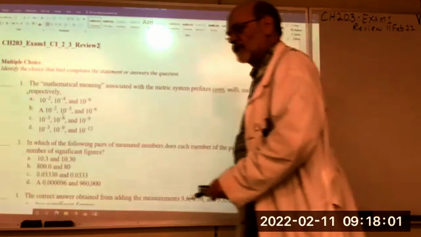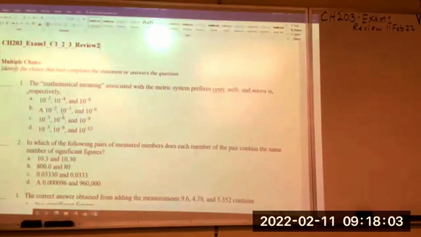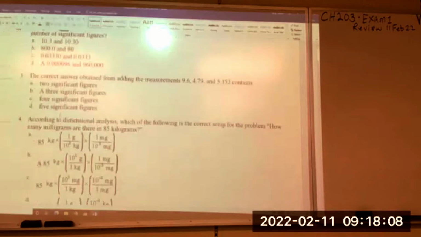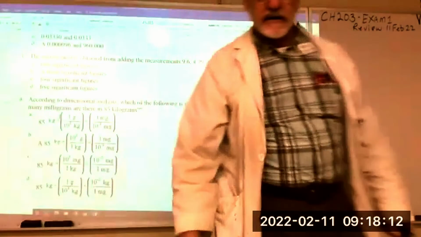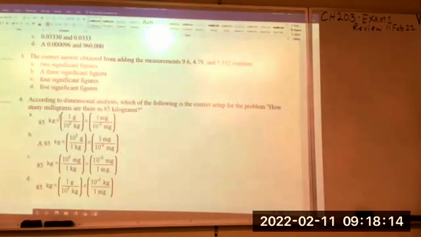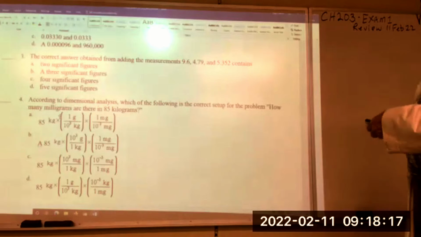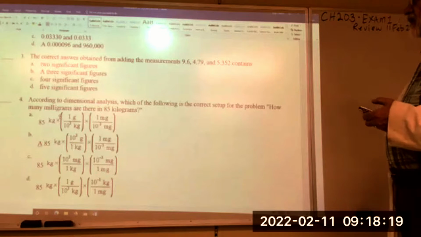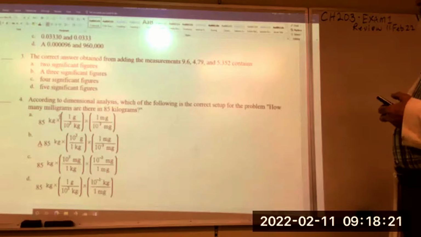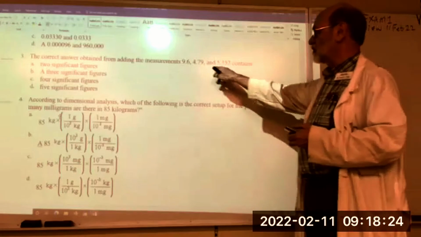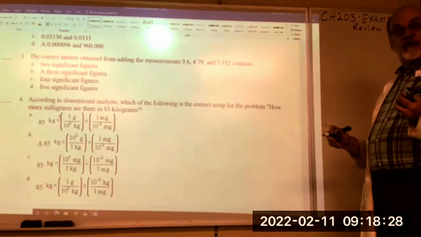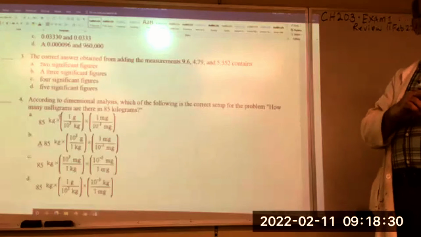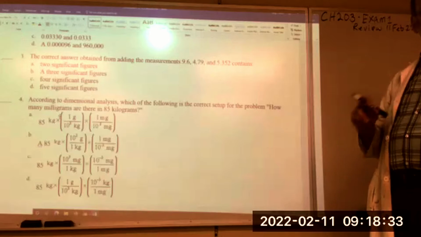Okay, I'm gonna have to scroll down because all this thing will do is page, and then chop the 3 off at the top. Get those 2 in there at the same time. Recording over it. Okay. The correct answer obtained from adding these 3 measurements together: how many significant figures do you have? Okay. Remember the rules? We've got 2 types of rules: add, subtract, and multiply, divide.